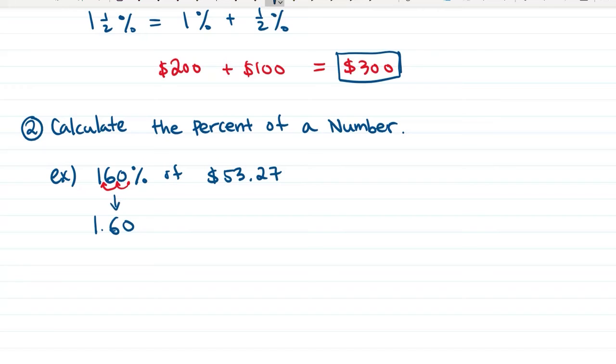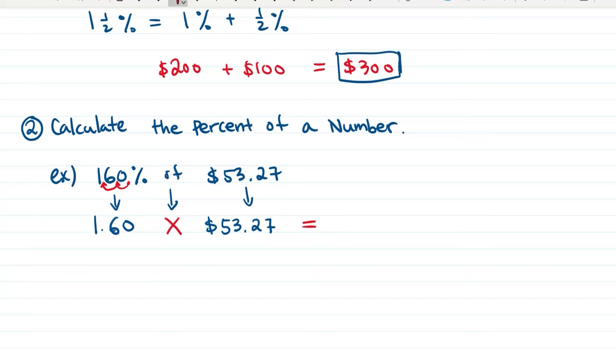And we're going to write the value 53.27. And here the word of, we're going to translate that into multiplication as the operation. And you just simply multiply these two values, 1.60 times 53.27. So obviously you would have to use a calculator in this case.